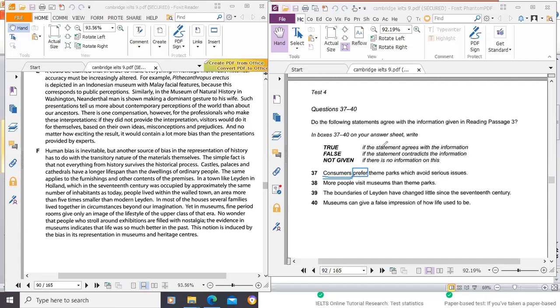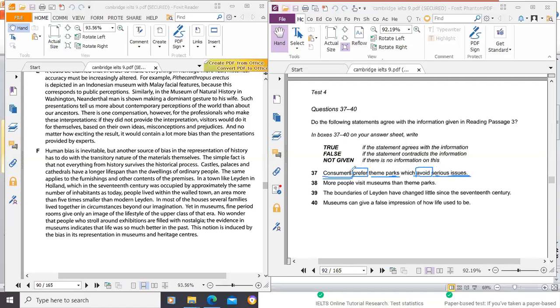Okay, so now 37 says consumers prefer theme parks which avoid serious issues. So the keywords I'm looking for are, in the first place, because I've read the passage, I know there was a time they talked about serious issues and they talked about theme parks, okay?